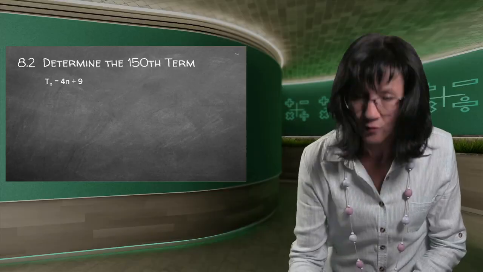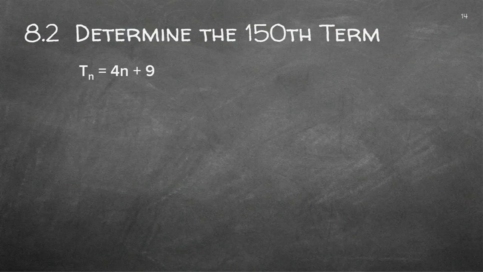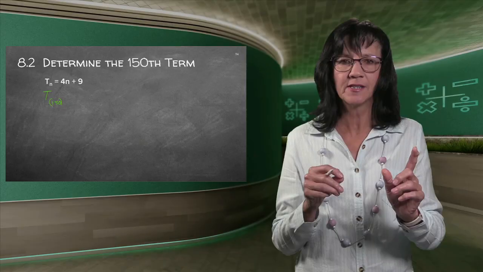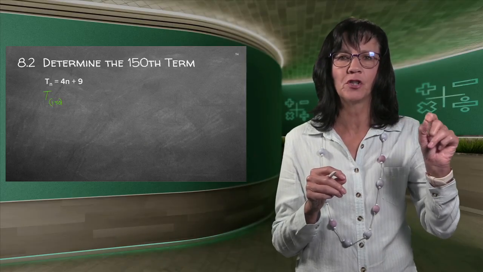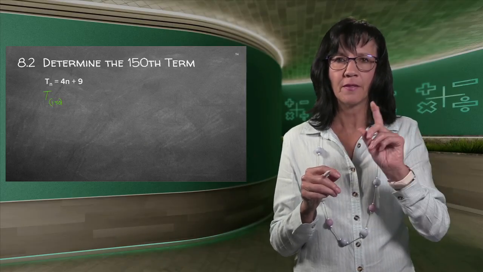And if they say, remember what we said in the beginning, this little n at the footnote, that little n there is the how manyth term I'm working with. So if it's the 150th term, I need to replace the n with 150. Be very careful, the n, not the t, because it's the number of the term, the 150th, and that's the n.